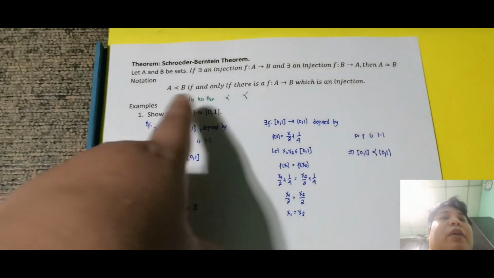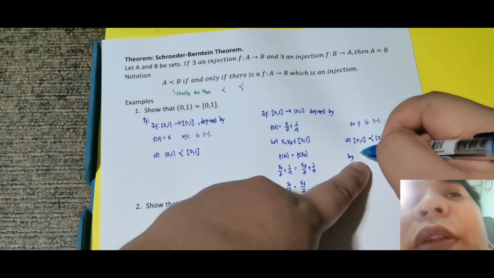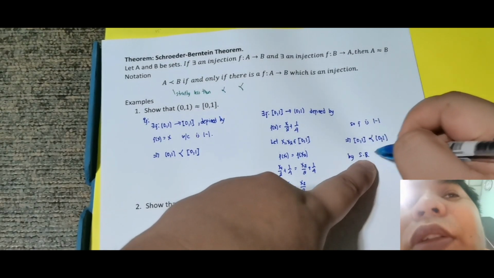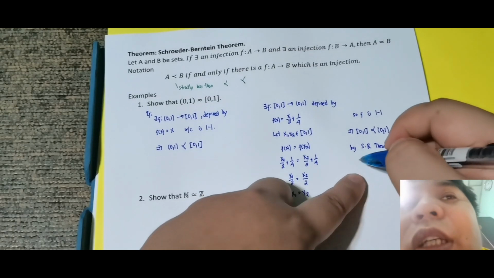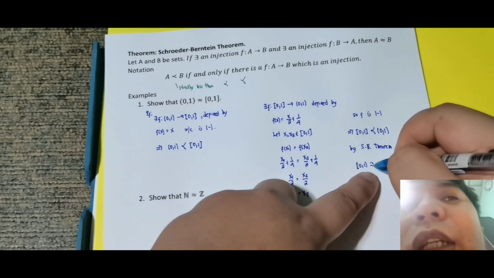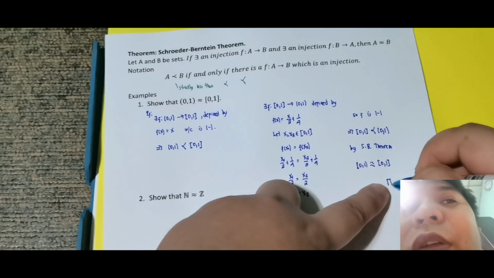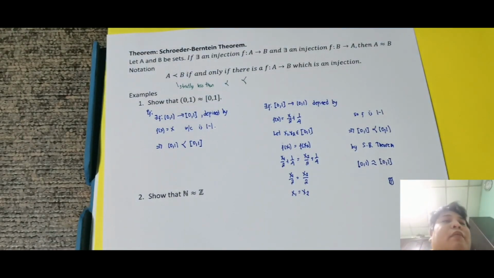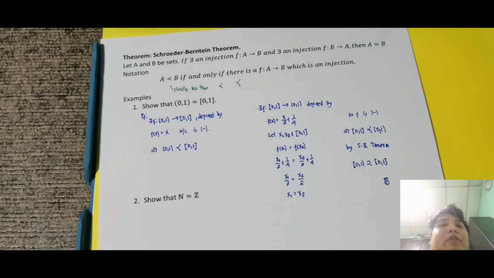And again, by Schroeder-Bernstein theorem, we can say that the open interval (0,1) is numerically equivalent to [0,1], and therefore this is done. Okay, so napaka-useful na itong theorem. So imagine nyo, mahirap gumawa ng function, pero at least madali siyang gawin.